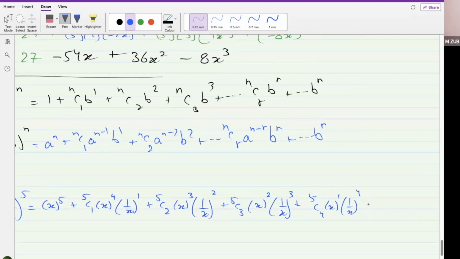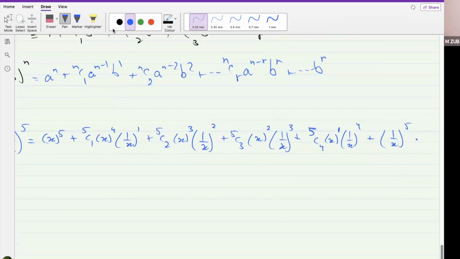Last term 5c5, that is 1, we don't write that. 5 minus 5 is 0, we don't write that. And 1 over x raised to the power 5.